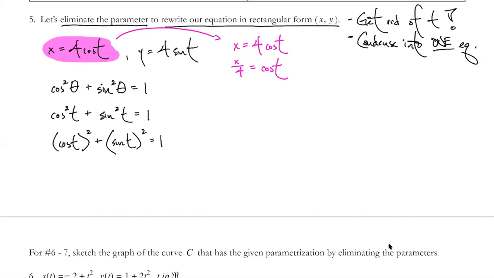Well, why is that so important? Well, it turns out that we can use this and substitute, okay? So everywhere I see a cosine t, I can replace it with x over 4. Does that make sense? Everywhere I see a cosine t, I can replace it with x over 4.